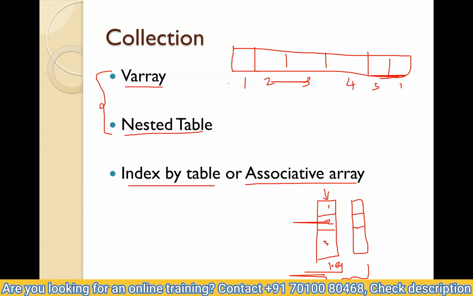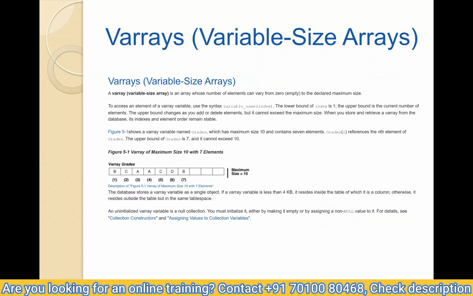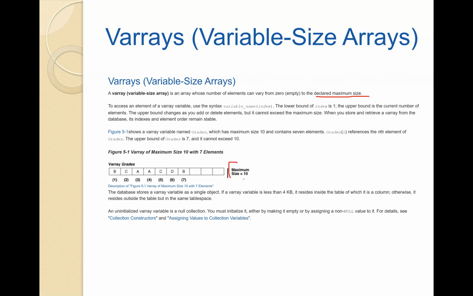So variable array, nested table, index by table, associative array. See, what is variable array? This is a definition by Oracle. A variable array is an array whose number of elements can vary from 0 to the declared maximum size. Actually, for the VArray, we have to define the maximum size of the array. It is one of the state data structures.